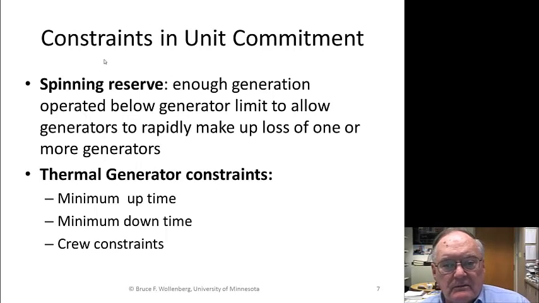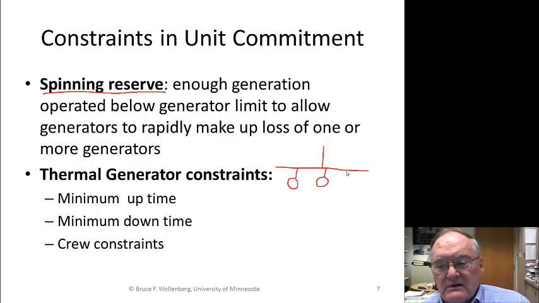There are other aspects of unit commitment that we need to worry about. One of them is spinning reserve. The spinning reserve says I need to have at least enough generation available. If I lose one generator, I've got to have room between the other generators' operating points and their maximum, so that if I lose one, the other generators can pick up. So let's say I have my three generators.